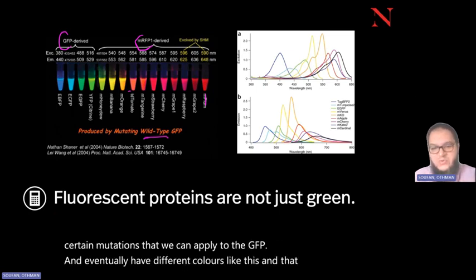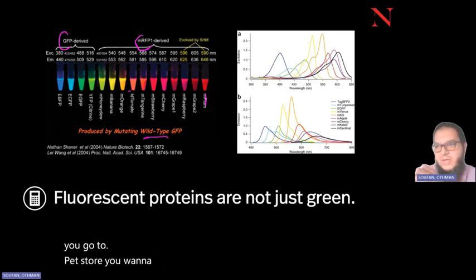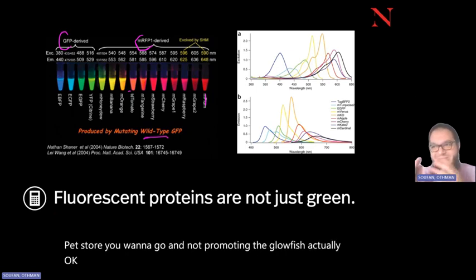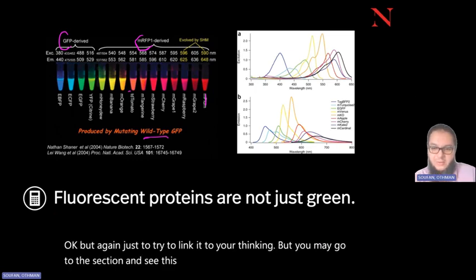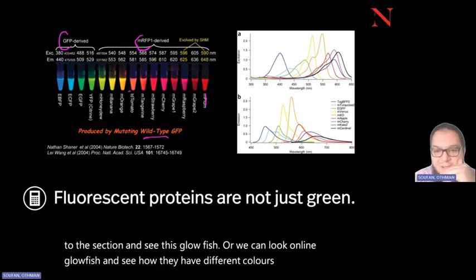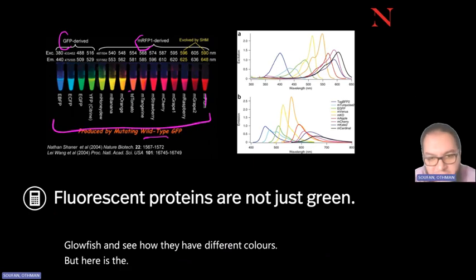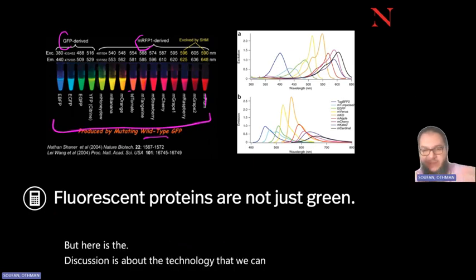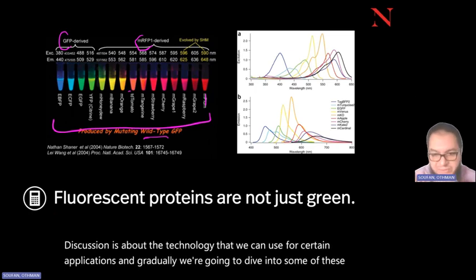And that's why when you go to a pet store, and I'm not promoting the glowfish actually, but just to try to link it to your thinking, you may go to the section, see this glowfish, or you can look online at glowfish and see how they have different colors. But here the discussion is about a technology that we can use for certain applications, and gradually we're going to dive into some of these interesting applications.